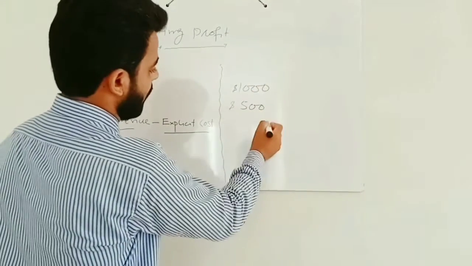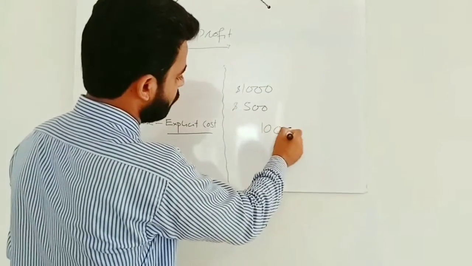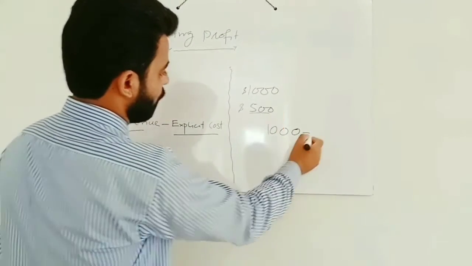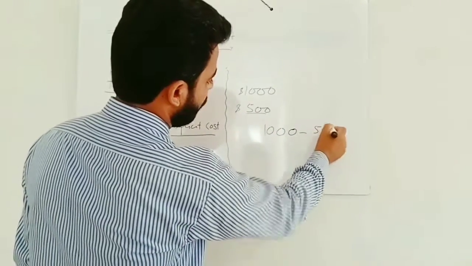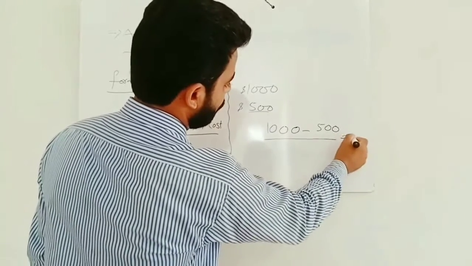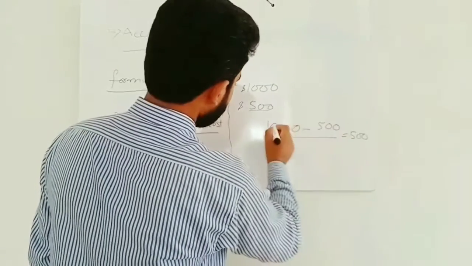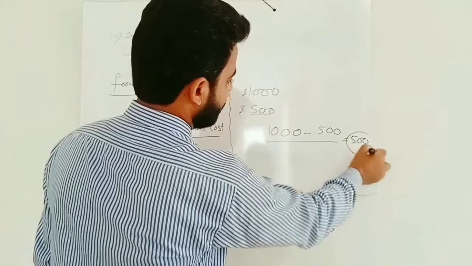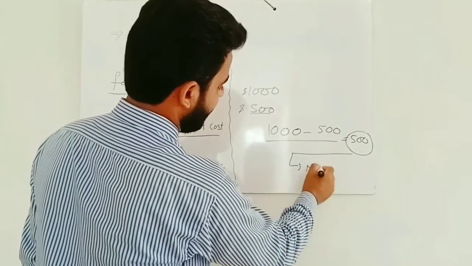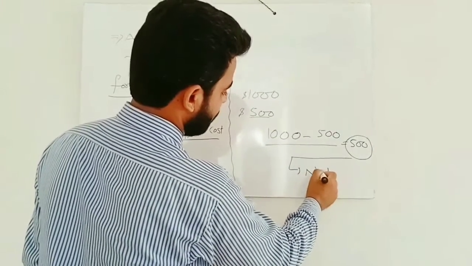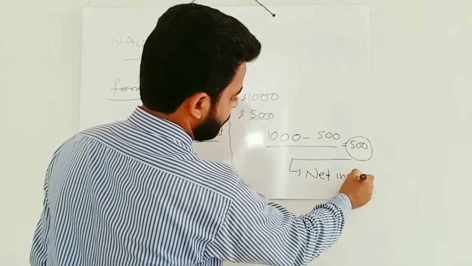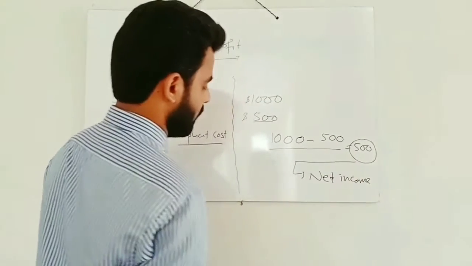Here 1000 is the revenue and we have an explicit cost of 500. When we deduct 500 from 1000, the answer is 500. Now this 500 is the accounting profit. We can say it is the net income earned after deducting the explicit cost from revenue.